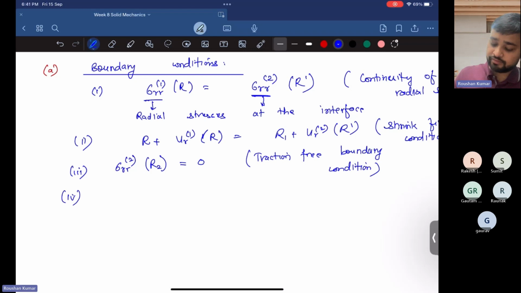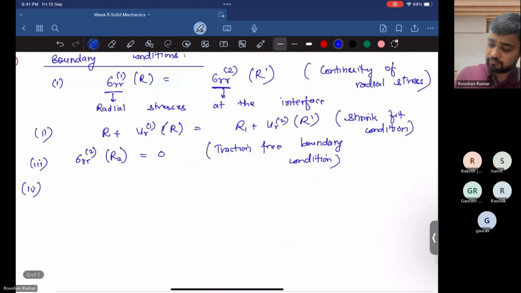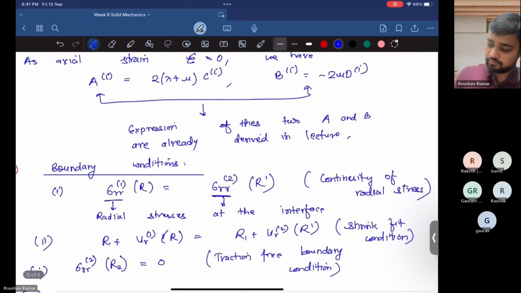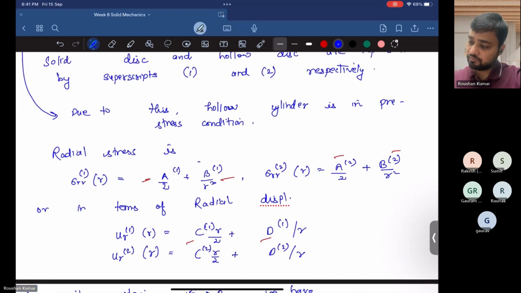And the fourth part is, as you see in the expression for sigma r, there is a b by r square, and at r equal to 0 we basically have infinite stress. If we take r equal to 0, that is at radius equal to 0, we have infinite stress.